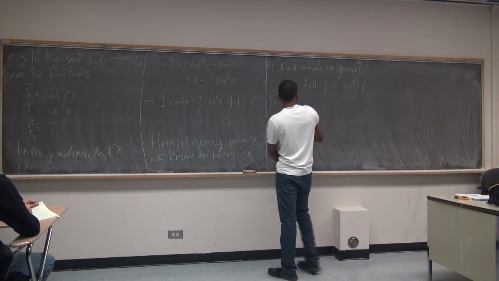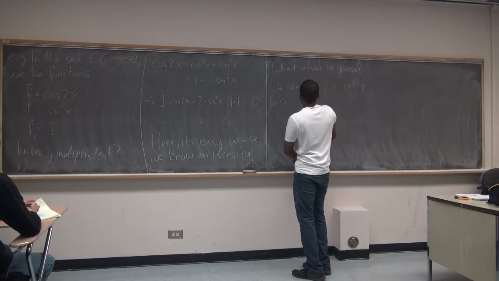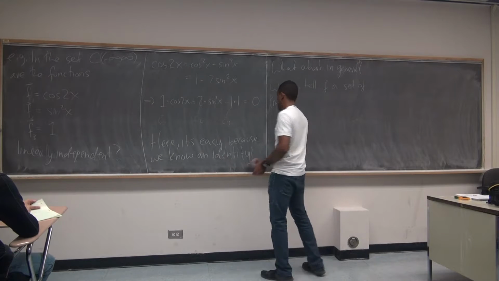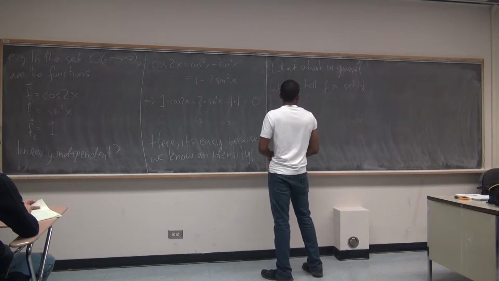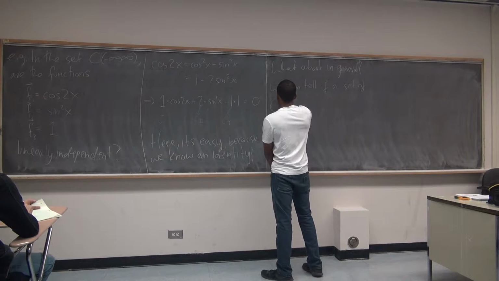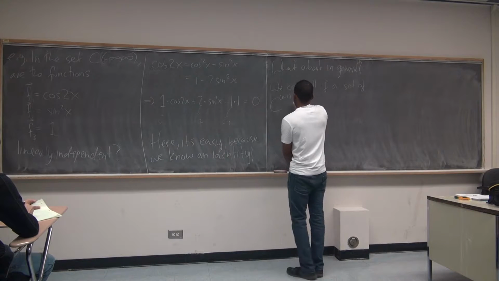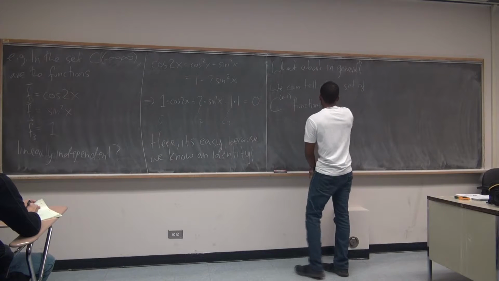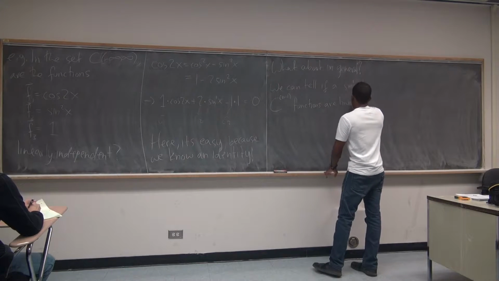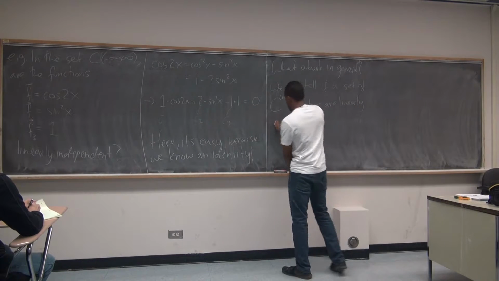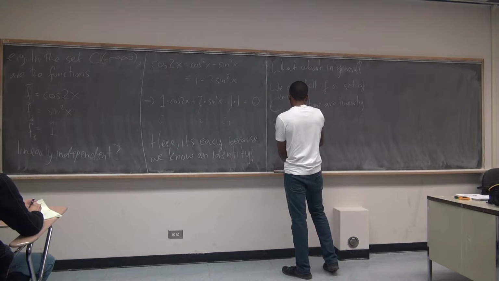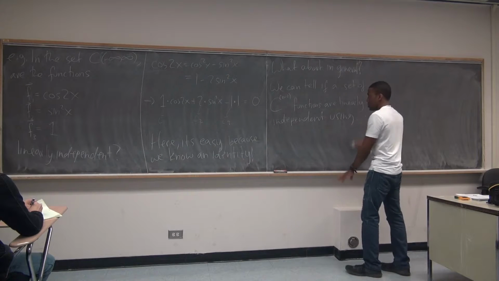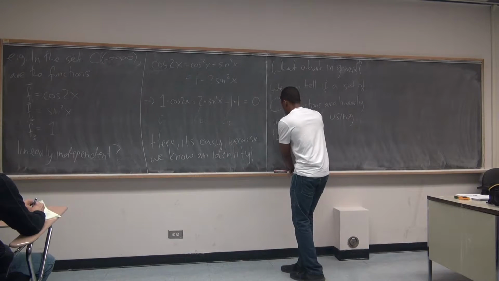Well, some calculus is required here. If the functions are n minus 1 times differentiable, we can call this C to the n minus 1 functions, and we can test whether they are linearly independent using what's called the Wronskian.